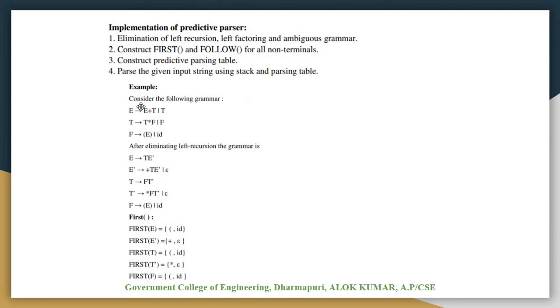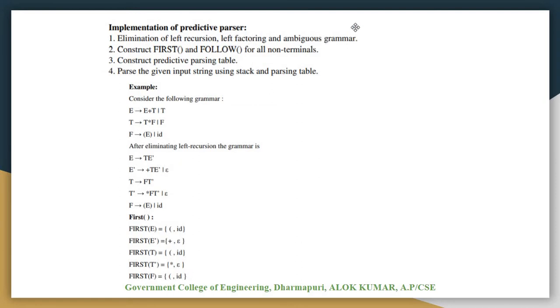So you can see here, this one is the example we will take. Before this predictive parsing implementation, there are four things we have to keep in mind. Firstly, we have to eliminate left recursion, and if some grammar is there, we have to make it a left factored grammar.